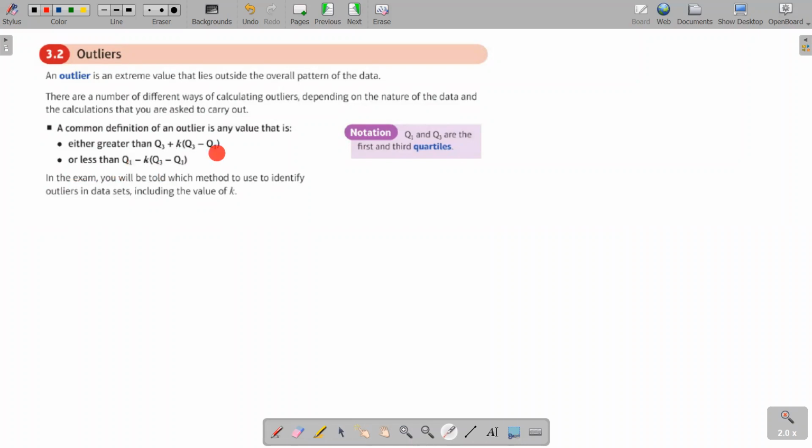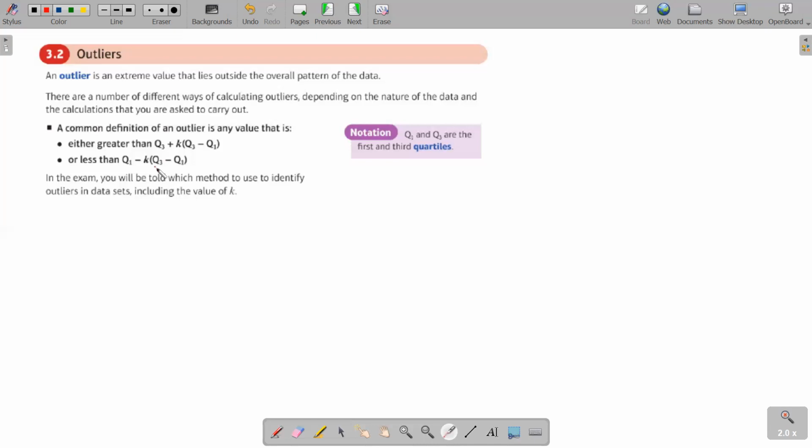In the exam, you will be told which method to use to identify outliers, including the value of K. Whether K is 1, or a half, or 2, it will be given to you.